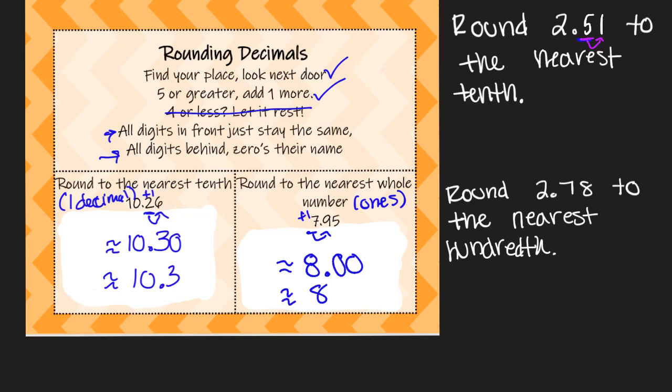Well, 1 is less than 5, so I'm not going to do that. It's 4 or less, so I'm just going to let it rest. Okay, so it's not going to do anything. This is going to stay the same. And then all digits behind my place turn into a 0. So this is just 2.5. That's what it rounds to.